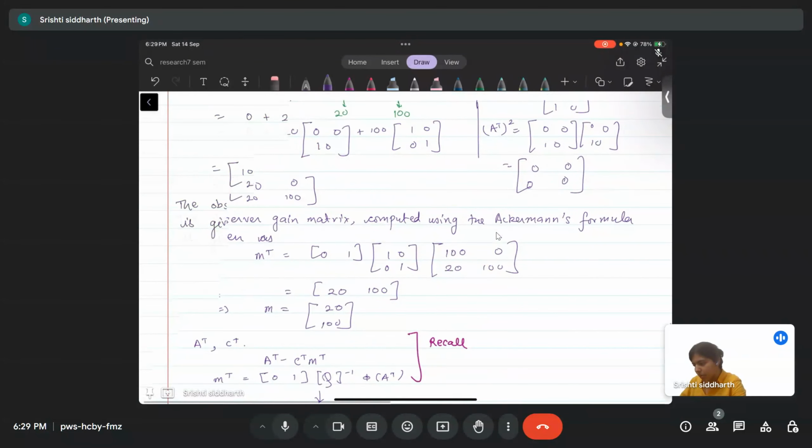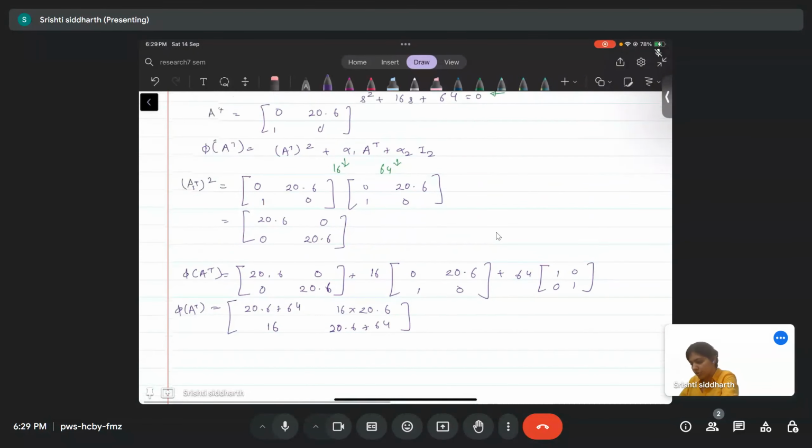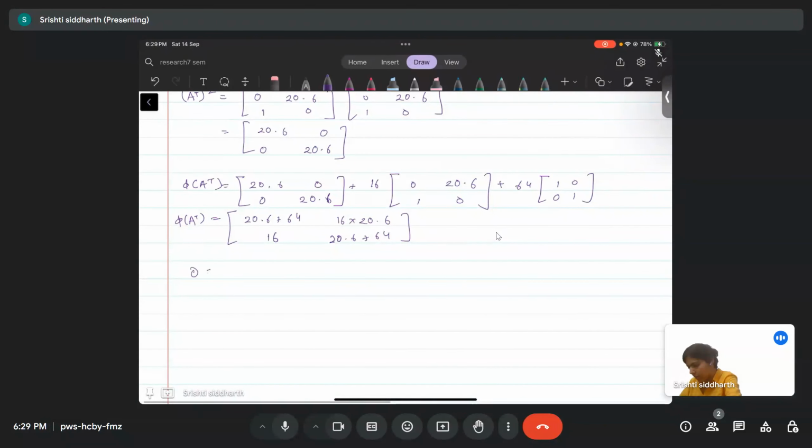Now the next matrix that we need to compute is, for the state observer design, we of course have to check the observability matrix C and CA. Let's compute CA first.